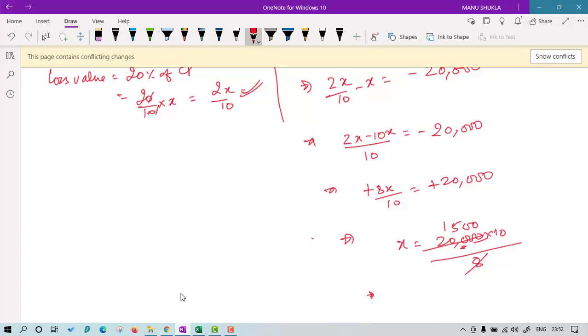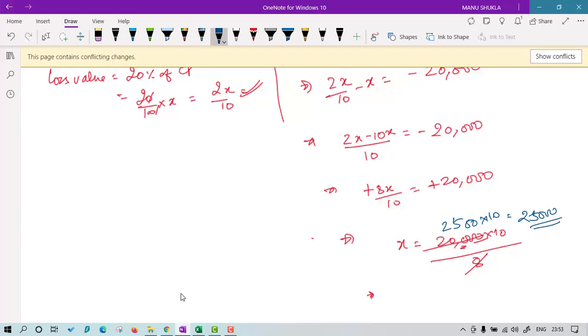Something is wrong. Okay, the mistake is in the division part. I did the wrong division. It was 20. Sorry. Let me correct this. It is 8 twos are 16, then 4 remainder 40, 8 fives are 40, and double zero, multiplied with 10. The answer is 25,000. This way we have got the cost price as 25,000.